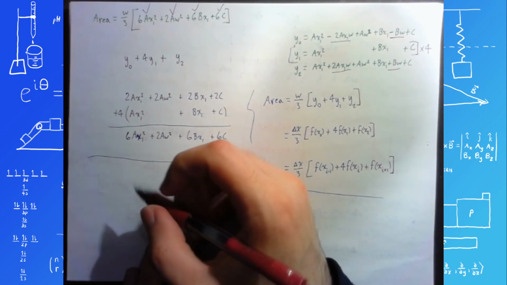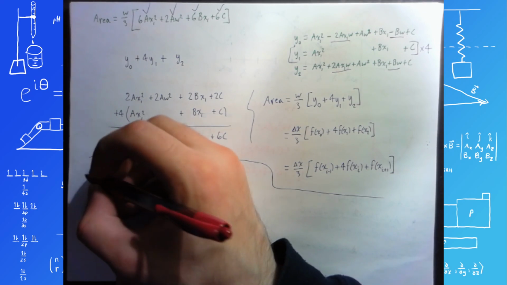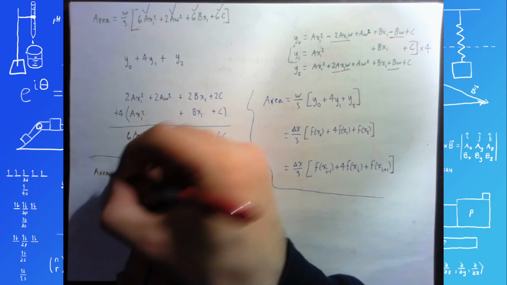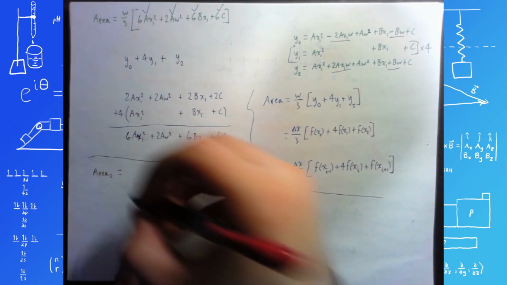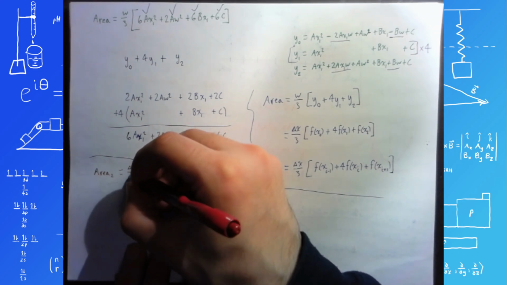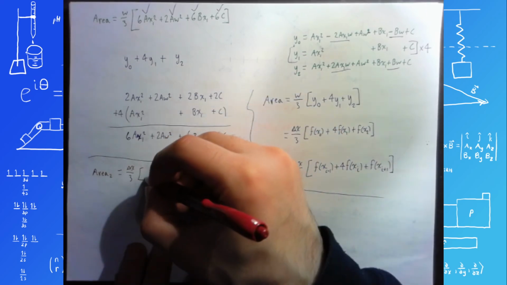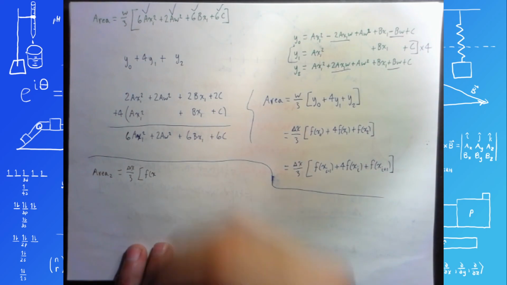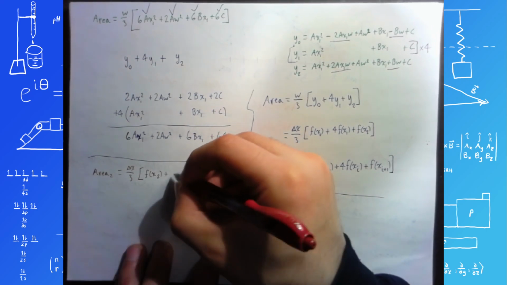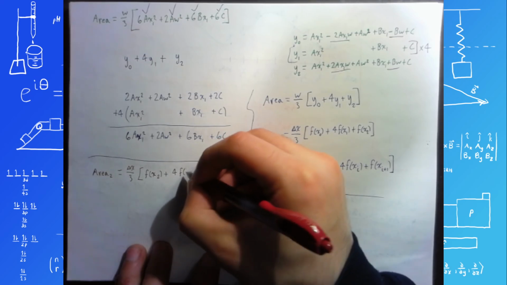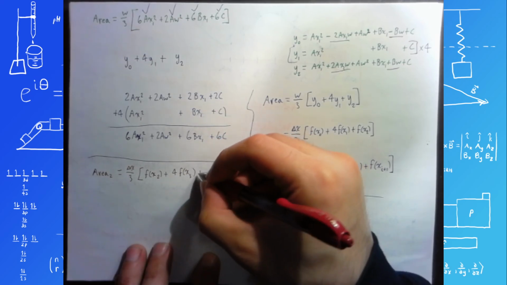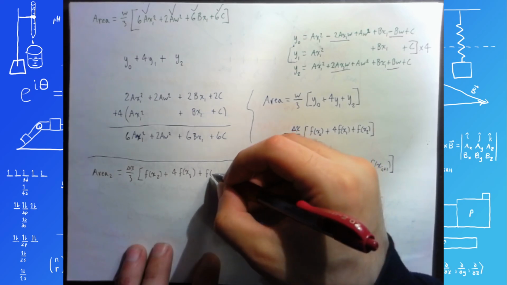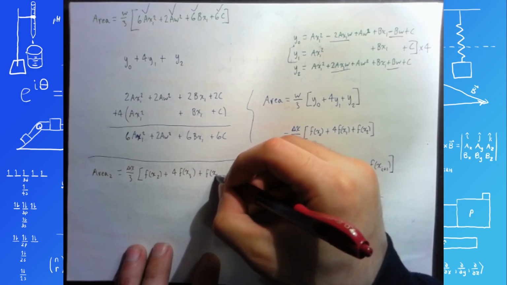Area 2, we'll call it, is going to be equal to the same delta x over 3, this time times f of x2 plus 4 f of x3 plus f of x4.